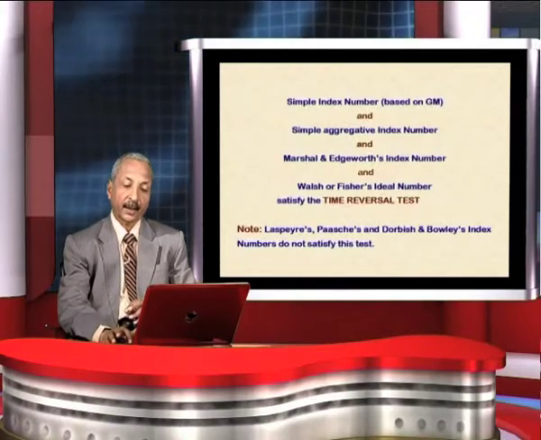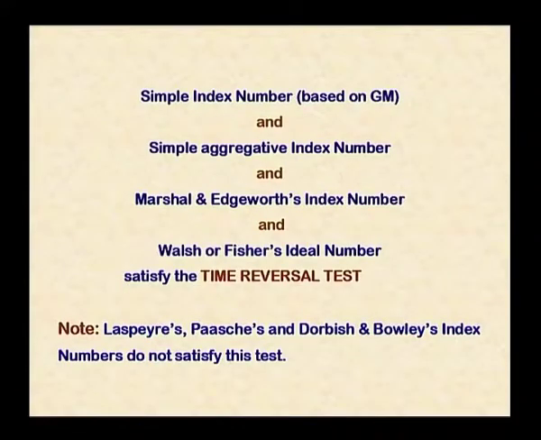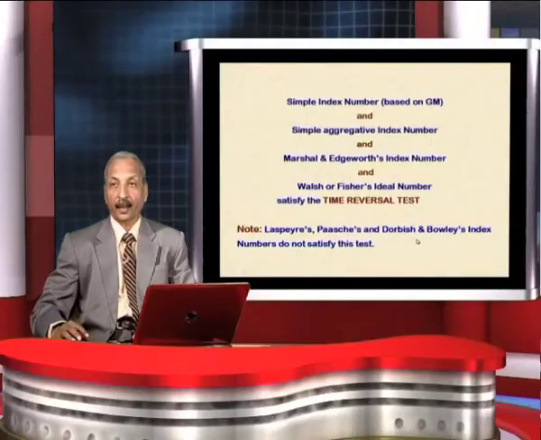Such index numbers are the simple index number based on geometric mean, simple aggregative index number as we have just seen, Marshall and Edgeworth's index number, and Walsh or Fisher's ideal index number. Here we note that Laspeyres, Paasche's and Drobish and Bowley index numbers do not satisfy this criteria.